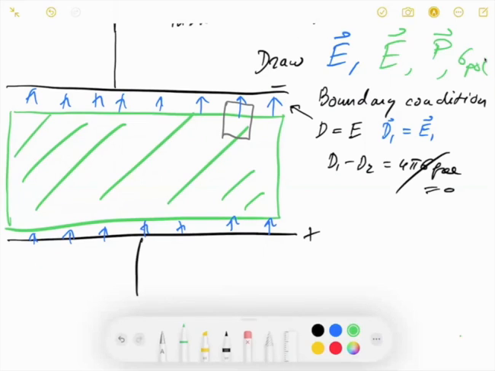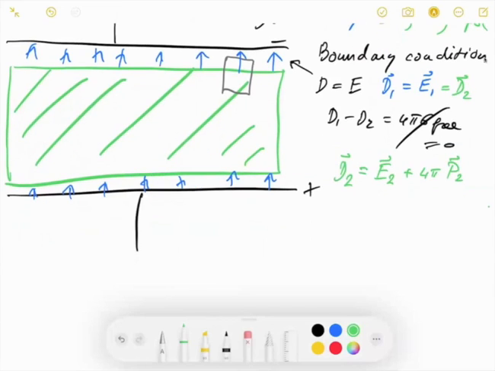So D1 is equal to D2. Now D2, by definition, is equal to E in region number 2, plus 4 pi times the P field in region number 2.